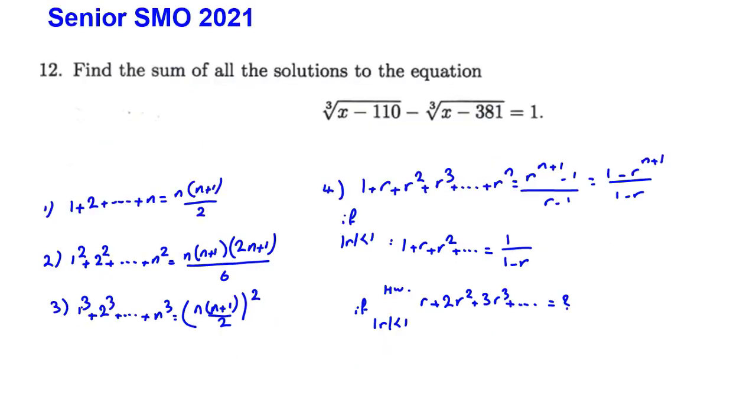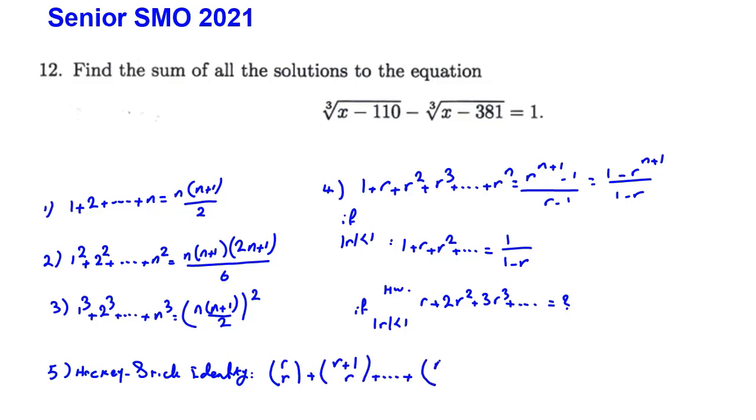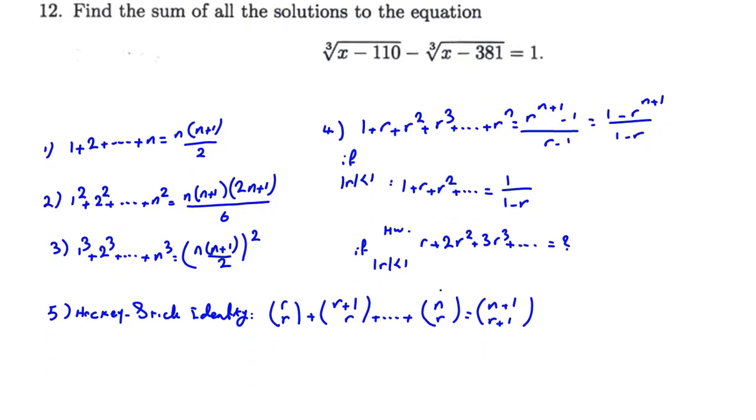Fifth identity is the hockey stick identity. You should memorize it, which is r choose r plus r plus 1 choose r plus up to n choose r equals n plus 1 choose r plus 1, and one problem of AMC 2021 can be solved with this.